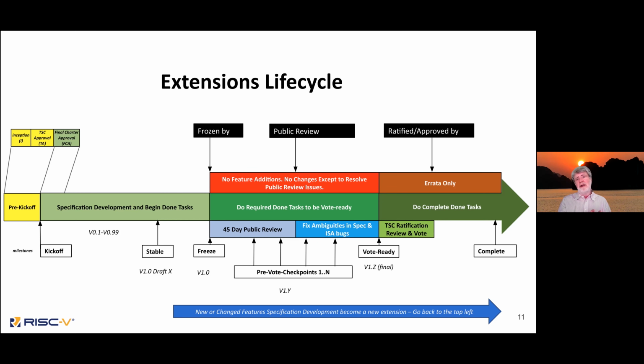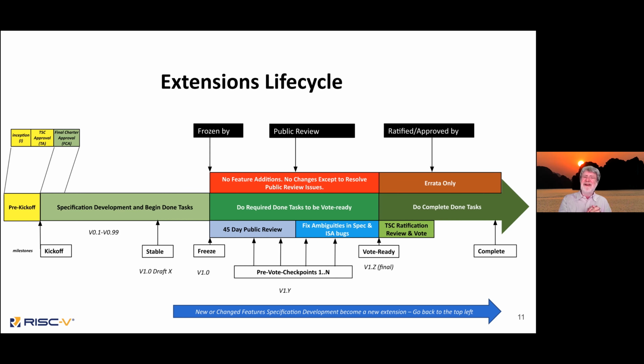And then finally, when everything's ready and we get sign off from the horizontal committees, we go for ratification. And then the ratification occurs at the technical steering committee level. The technical steering committee is made up of members that are considered premier members. And there's different levels of membership, as well as the chairs of the ICs and the HCs, so the ISA committees and the horizontal committees.